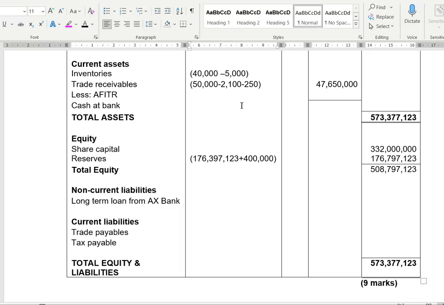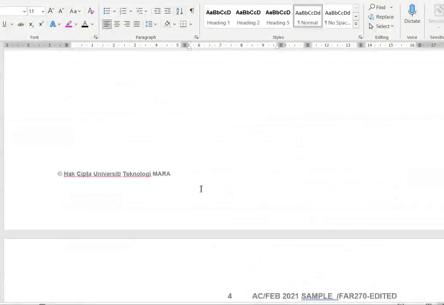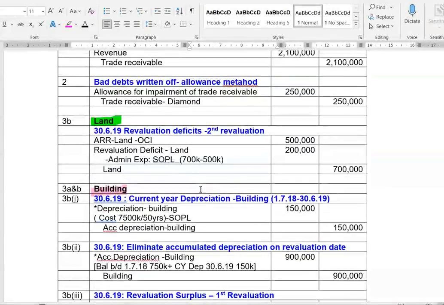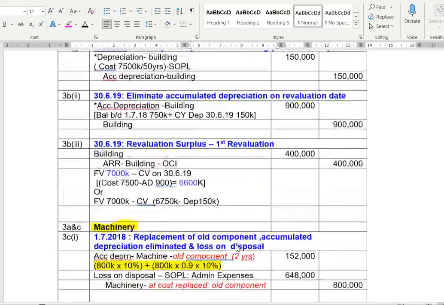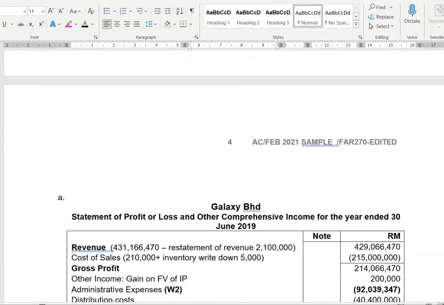And this 250 is actually the allowance for the bad debts being written off. So this is the bad debts written off. Remember, we did it here. Bad debts written off under allowance method, which is one of the earliest adjustments, this figure here. So that has to be adjusted by crediting the trade receivable.